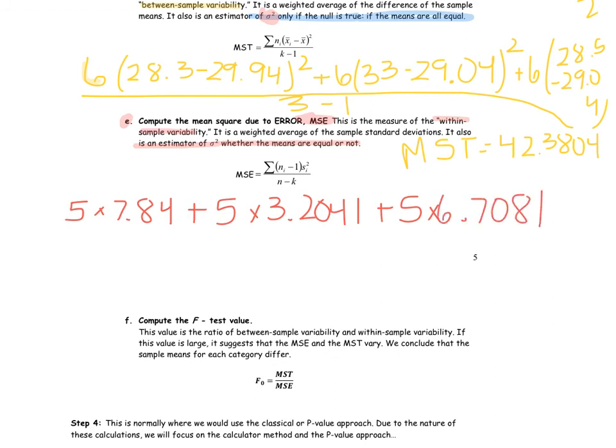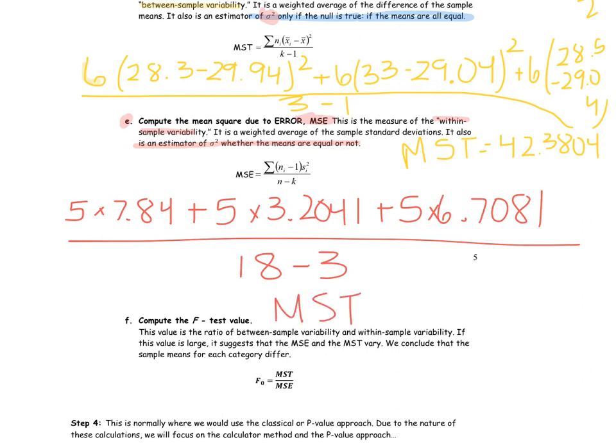All right, so we're plugging in all those numbers, and n minus k, well, it's the total n, not just in each sample. There were 3 samples of 6, so it's 18 plants altogether, minus our populations, which is 3. So throw that in our calculator, and we get 5.9174. All right, so those numbers look a little bit different.